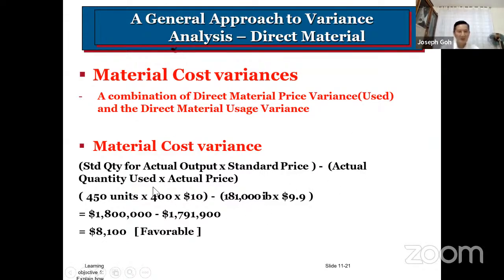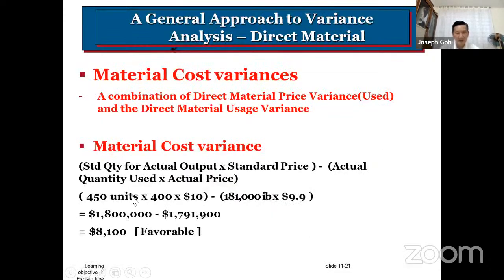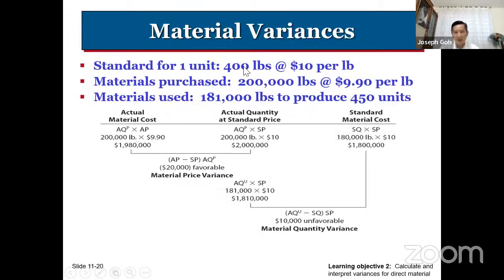So just go back to the example again. Standard quantity for actual output, example 450 units. How do I get the 450 units? Let's say this is the quantity produced, 450 units. Then you need 0.4 for a unit, so it's 0.4 times 450.